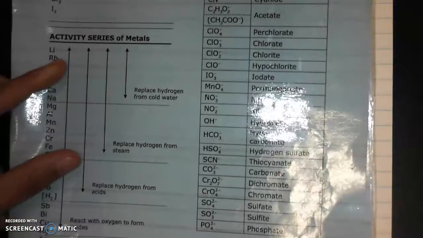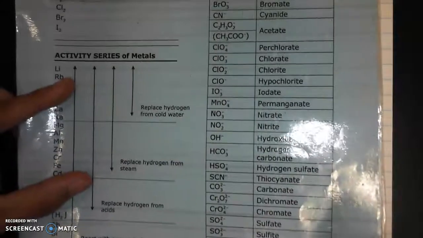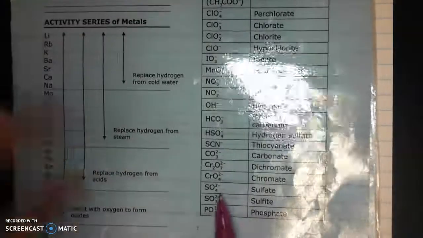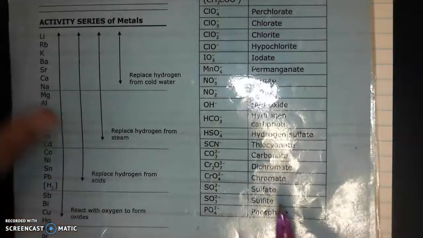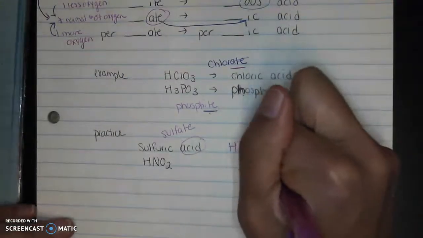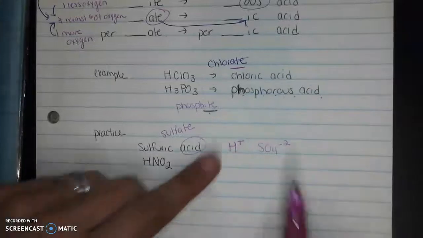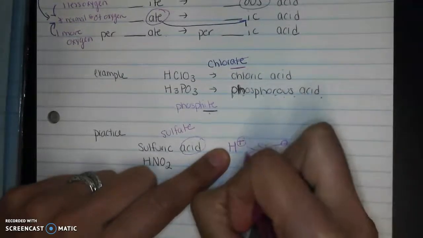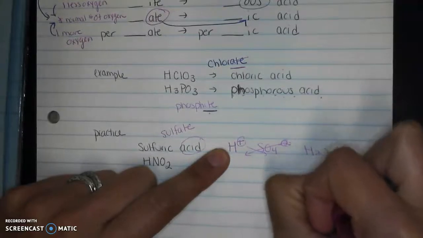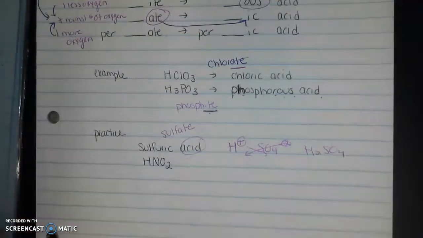So I go to my list of polyatomic ions and I find sulfate, which is right here. And that is SO4 with a -2 charge. Well, now I have to make it neutral. So I crisscross. H2SO4.